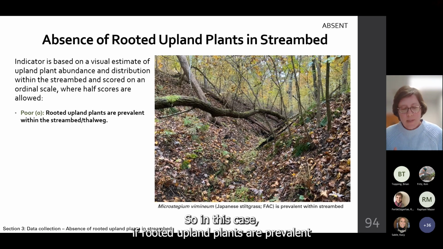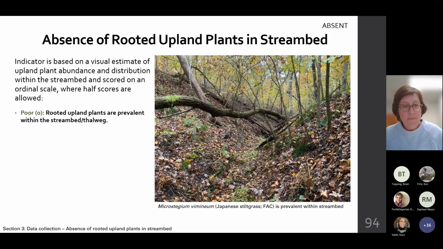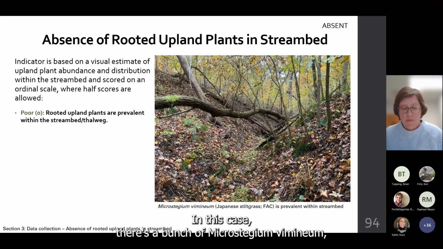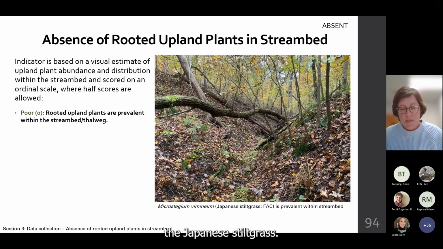So in this case, if rooted upland plants are prevalent within the stream bed, you would rate it as poor or absent, which is 0. In this case, there was a bunch of Microstegium vimineum, the Japanese stiltgrass, that is FAC, that is prevalent within this stream bed. So I think we call it absent here.